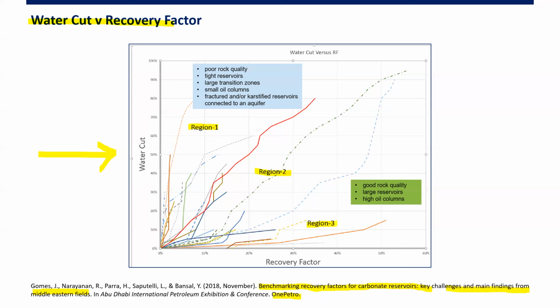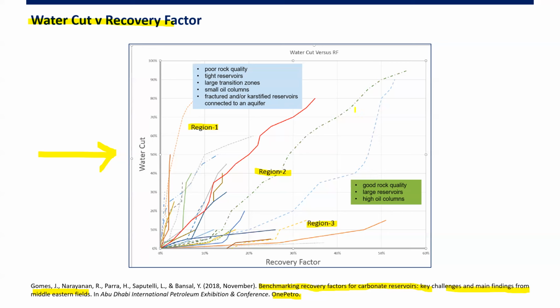Of course, as you continue producing, you will get more and more recovery factor. You will get higher recovery factor, but the water cut will increase as well. So you have the evolution of water cut as a function of recovery factor, and you can plot it like this.